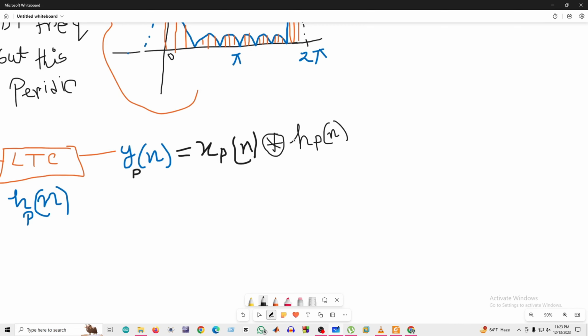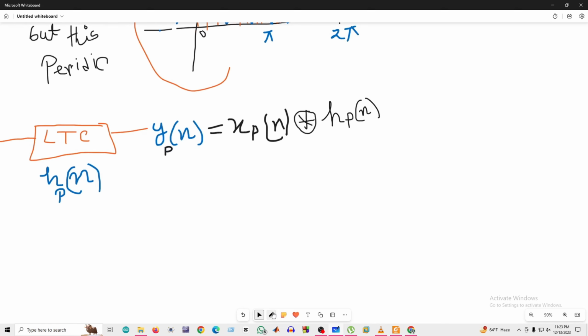So the convolution is very straightforward. It is actually circular convolution. This is not a simple convolution. This is not linear convolution. Now this is actually the circular convolution. So how can we actually perform the circular convolution, right?